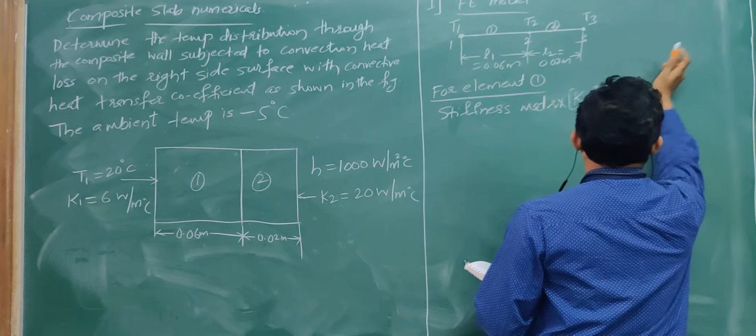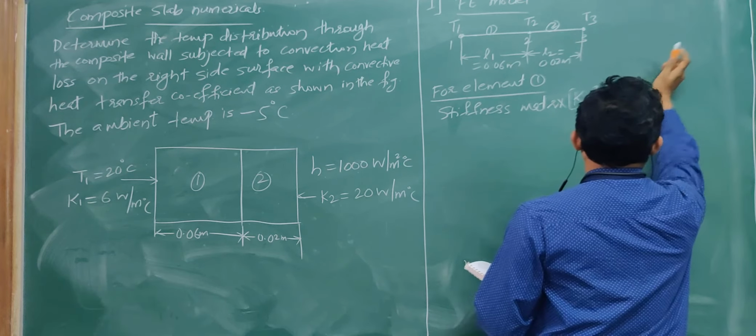So at the 1 1 location it is 100, then 1 2 is minus 100, since 1 2 is only present in that matrix. Then 1 3 is not there, so it is 0. Similarly 2 1 is minus 100. For 2 2, 100 is here plus 1000, so it is 1100.